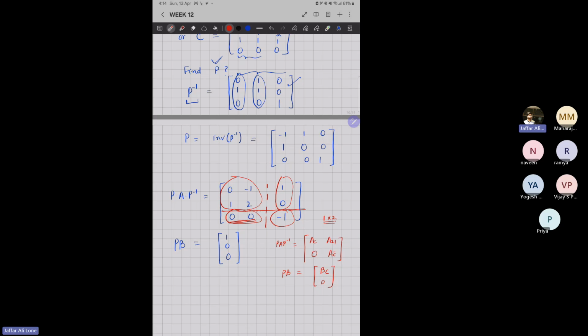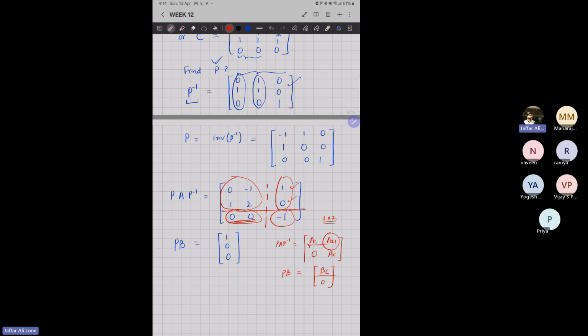Similarly, the number of rows in A21 should be exactly the same as that of AC. That's why AC is 1 comma 0. Similarly, what is BC?